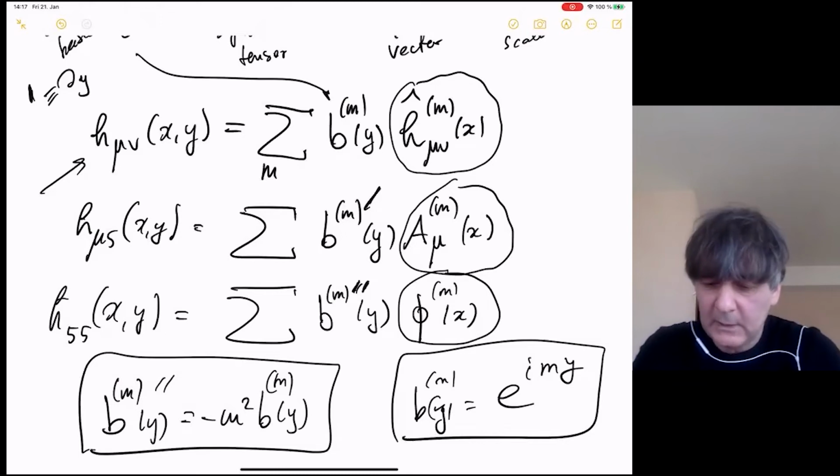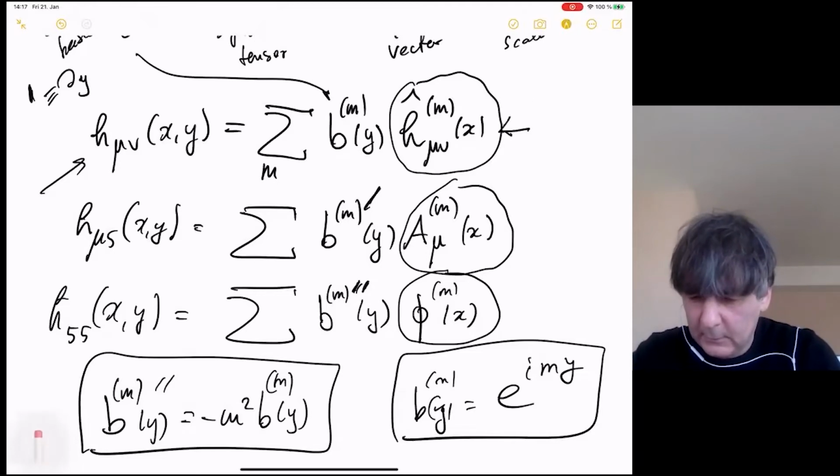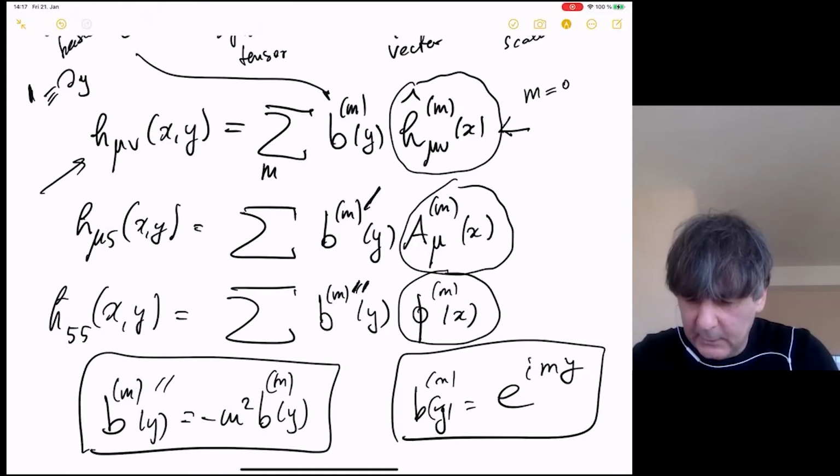At the massless level, we expect to have Einstein gravity. So at m equals 0 we expect Einstein. At m non-zero, we expect Fierz-Pauli.